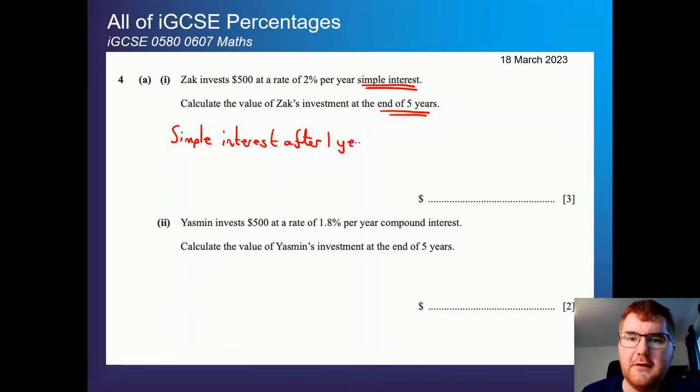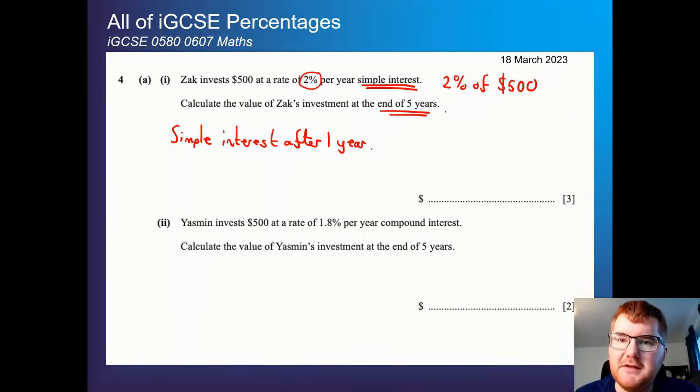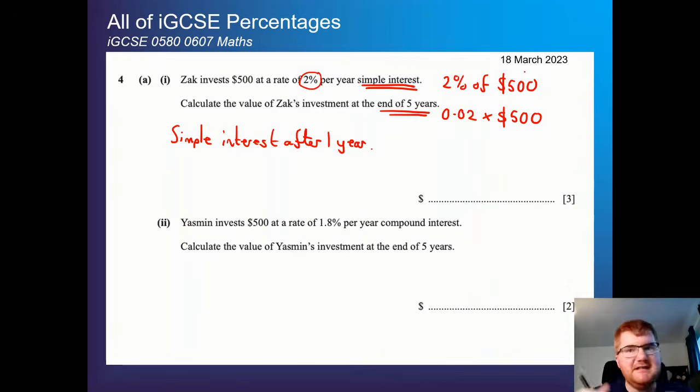and the way that we calculate this, so we have 2%, so essentially we want to find 2% of $500. Now again, we can use the multiplier method, which is the 0.02 times $500, or we can use that sort of non-calculator method of find 1%, which would be 5 times 2 is 10. So this is going to be equal to $10.